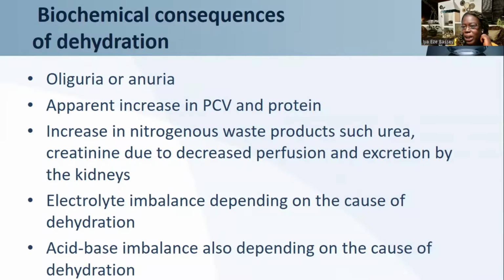Because you are losing a lot of hydrogen ion, you will have an increase in bicarbonate, okay? And because you're losing some sodium, you're going to have a decrease in sodium, you're losing chloride, you're going to have a decrease in chloride, and all the attendant symptoms that come with that electrolyte imbalance.